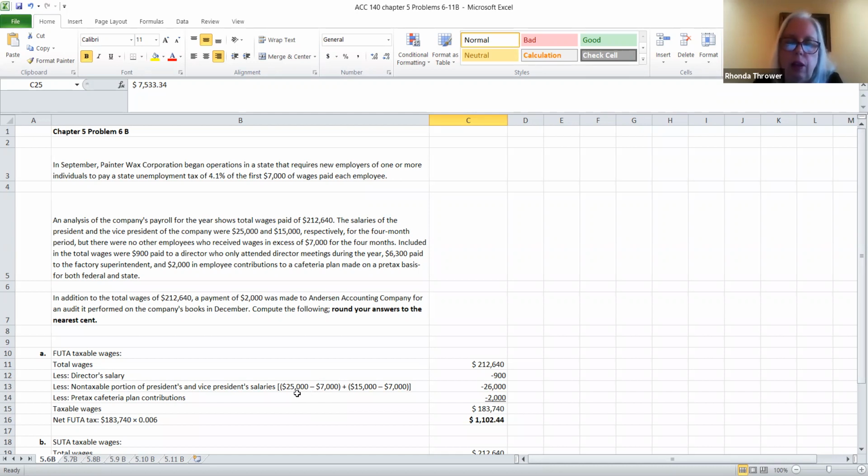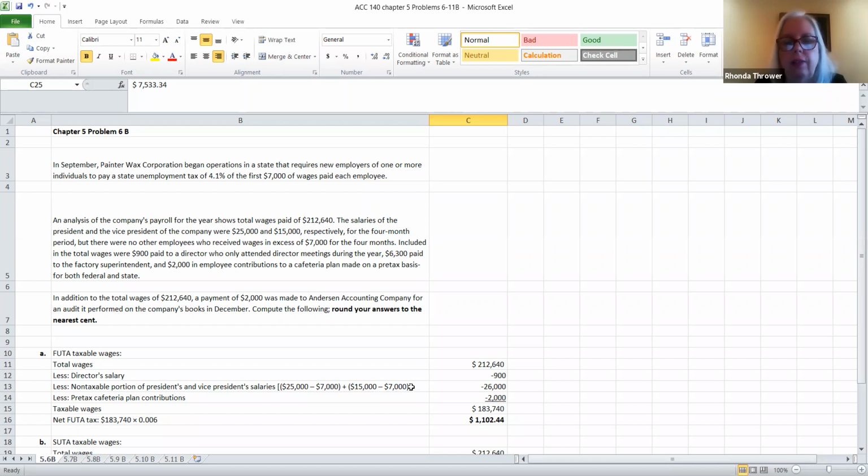So 25,000 was the president's salary minus the $7,000 ceiling will leave you with the amount of wages that were not subject to the unemployment taxes. The same is true for the vice president of the company. The wages were $15,000.